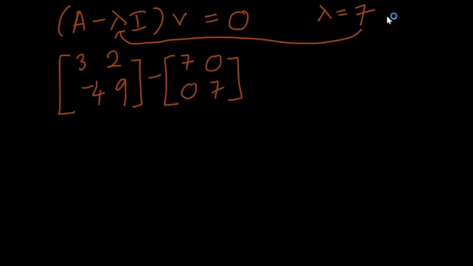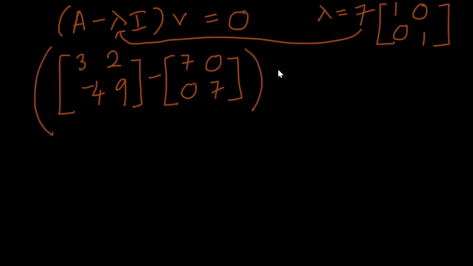Remember, lambda multiplied by the identity matrix 1, 0, 0, 1 gives us 7, 0, 0, 7. So A minus lambda I multiplied by V is equal to 0.